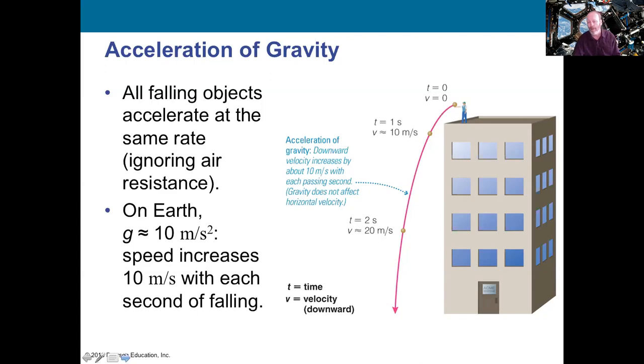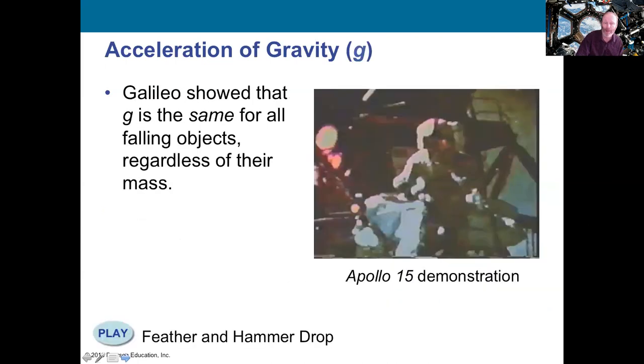Different planets, different surfaces have different rates of gravity depending upon how large or massive the objects are. On the moon, there's the same gravity for everything on the moon. If you drop a feather and drop a hammer, which this Apollo 15 demonstration does, they both fall at the same rate because there's no atmosphere, but they fall slower than they do on Earth because the moon is less massive.